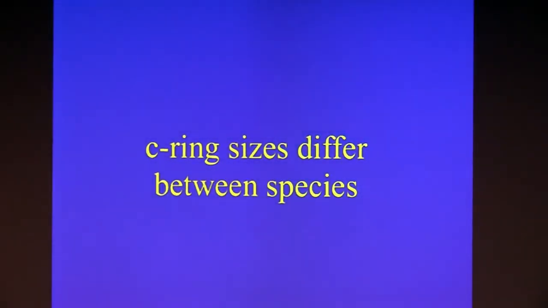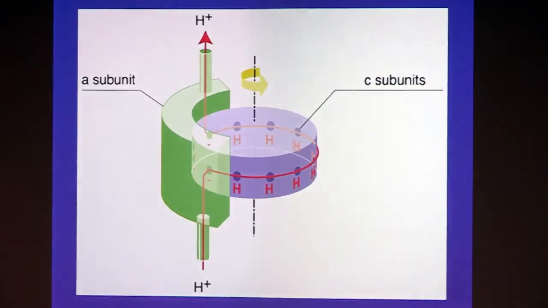So I want now to come to a discussion of the C rings in the rotor. The important point that I made earlier was that the C ring sizes differ between species. Now, first of all, I'd like just to explain how we think rotation could be generated. So here is the C ring depicted in blue in association with the A protein that we don't know the structure of, shown in green.